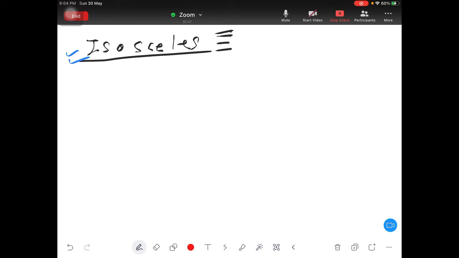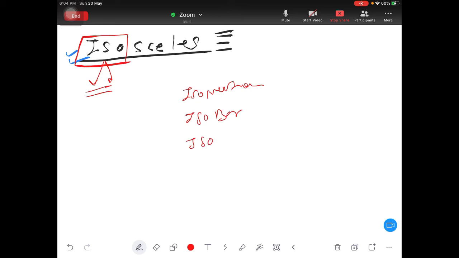Okay, what is an isosceles triangle? Whenever the word iso comes up in your mind or on your paper, iso means something is similar, equal, or the same. When I teach you chemistry, it will come up as isoneutronic, isobar, isotopes.